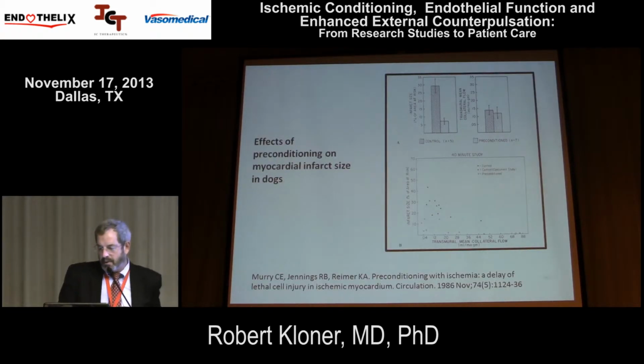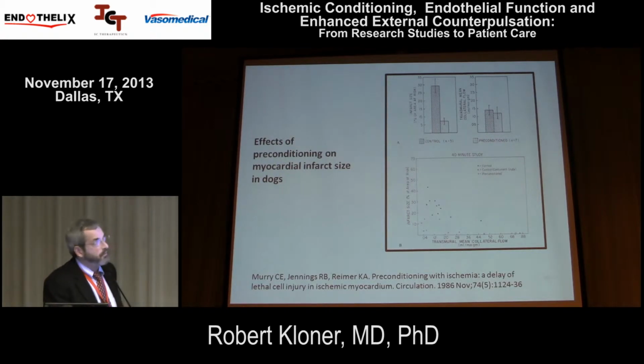Now, Chuck Murray, Keith Reimer, and Robert Jennings were really the first to describe ischemic preconditioning. They did this in a canine model of 40 minutes of proximal circumflex occlusion and reperfusion. Control animals did not get conditioning. Conditioned animals, or ischemic preconditioning animals, got brief 5-minute coronary artery occlusions and 5 minutes of reperfusion times 4.